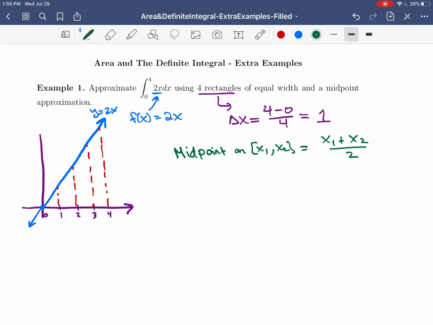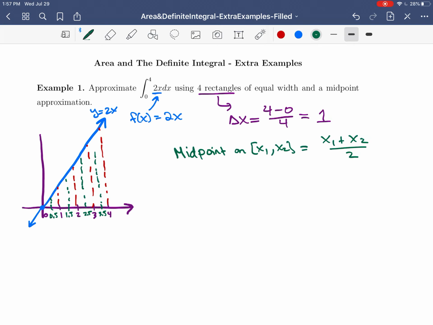These ones are easy enough that we just know them. Halfway between 0 and 1 is 0.5. Halfway between 1 and 2 is 1.5. So 2.5 and 3.5.